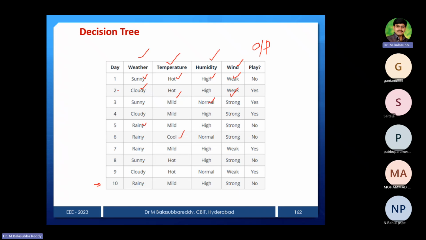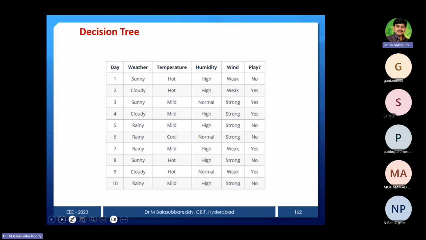What are the conditions on the first day? It is all supervised learning. Therefore, the input variables are weather, temperature, humidity, wind. Based on that input, we decide whether I'm going to play or not. Suppose weather is sunny, humidity is high, wind speed is weak.